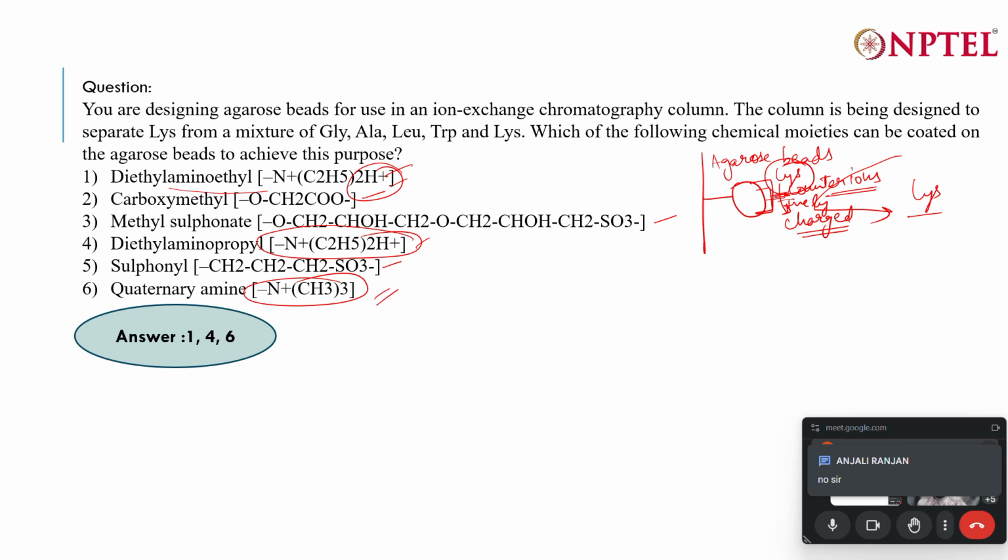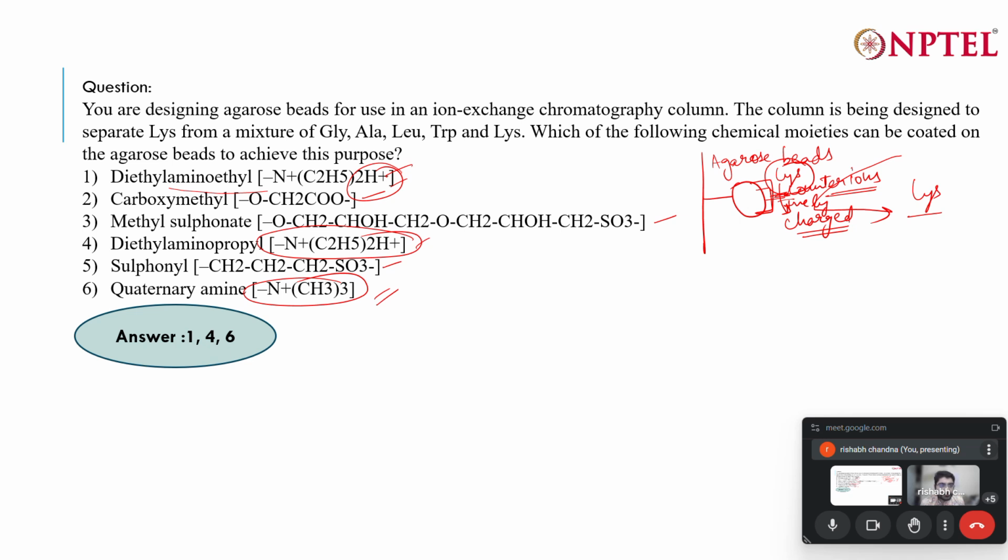Okay, so what is the doubt? Sir, I didn't understand the concept of counter ions. Whatever happens in the agarose beads, if we want to separate a molecule with a negative charge, we tend to have the agarose bead with a positive charge, so that it will bind and remain there in the matrix, so that we can extract it in the subsequent step.